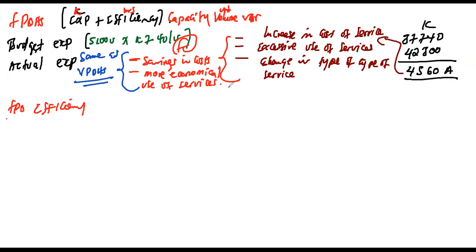How long should it have taken, and how long did it take? That is the efficiency variance. Always, the efficiency variance is on one thing. So in this question, we are working out the fixed overhead volume efficiency variance.